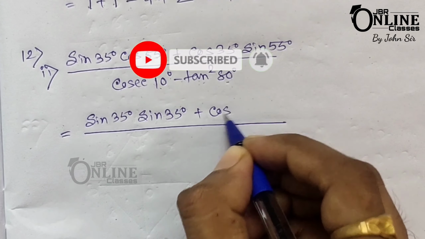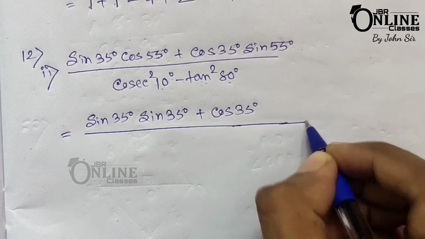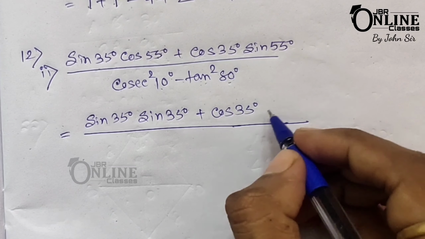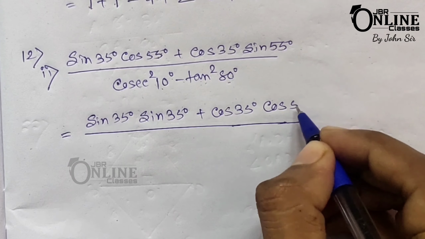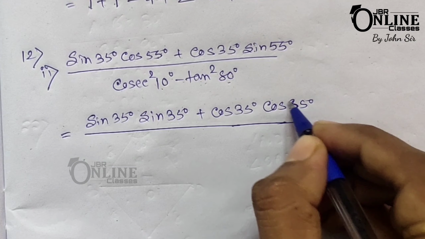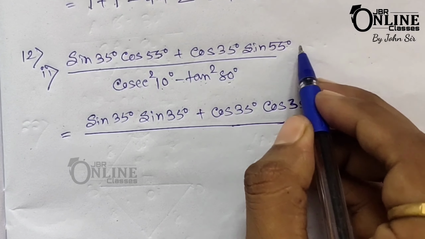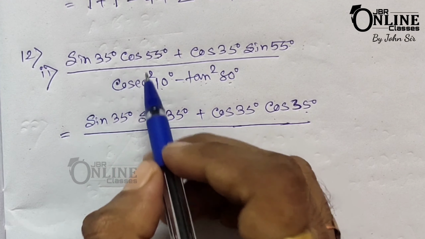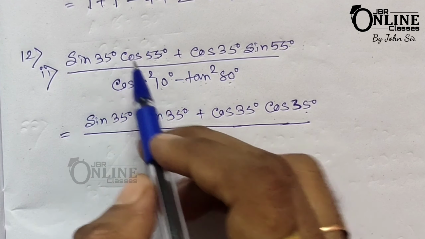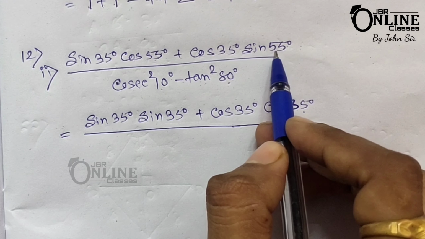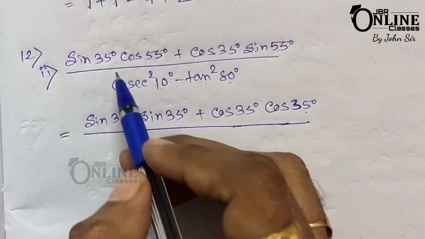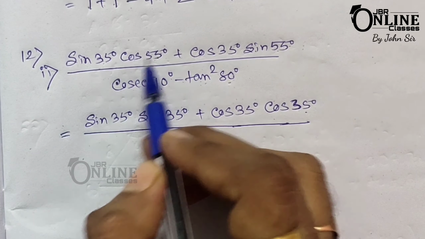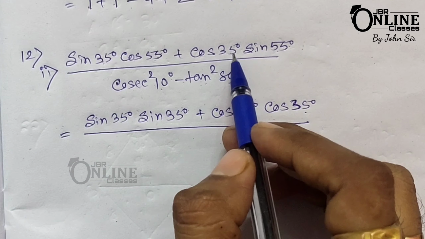Now next one, cos 35, and here instead of sin 55, you can write cos 35. Why? As sin 90 minus 35 becomes cos 35. So whenever you change 55 to 35, then change all the 55 into 35. Now if you wish to change 35 into 55, then change all the 35 into 55.